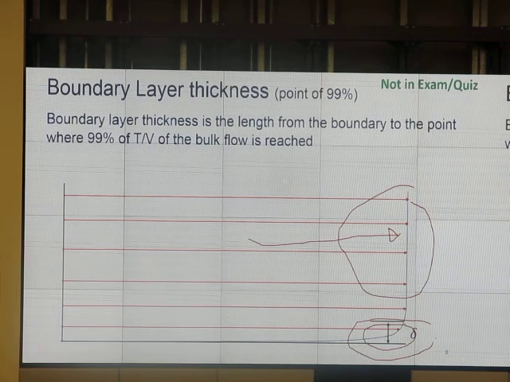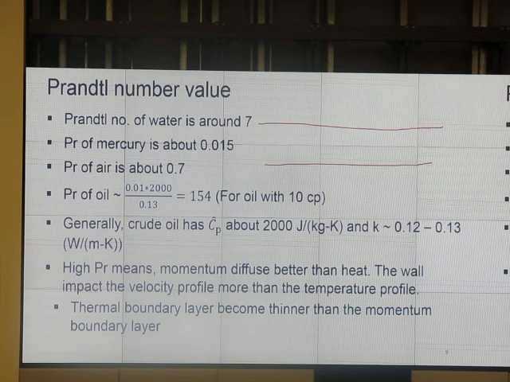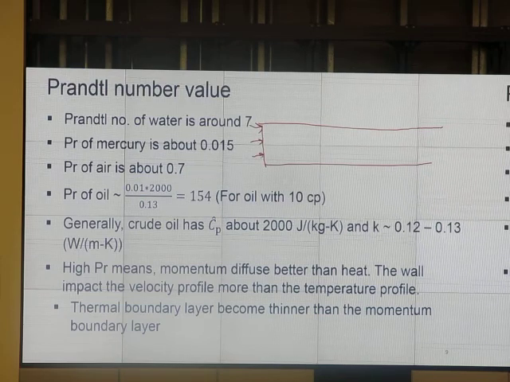So in the pipe, everywhere in the pipe sees the wall. So you may say it's the whole diameter. What happens is this: if we have turbulent flow, near the inlet the velocity profile is flat. It's the same velocity everywhere.